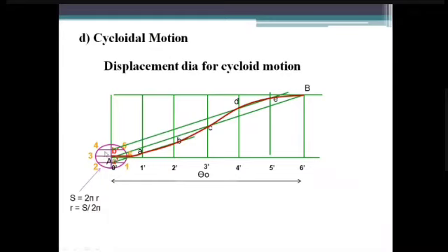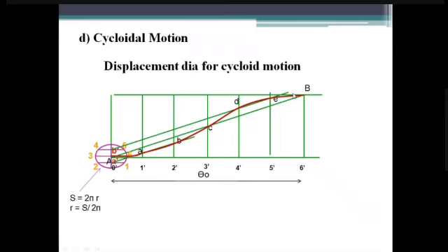Similarly, the straight points, because the 6 segments are cut. All are connected through the center, and the lines should be parallel to the diagonal. The first center line is 3 to 6, which meets the diagonal. We draw the parallel lines, and the meeting points are noted. Then the curve follows as the displacement diagram of the cycloidal motion.